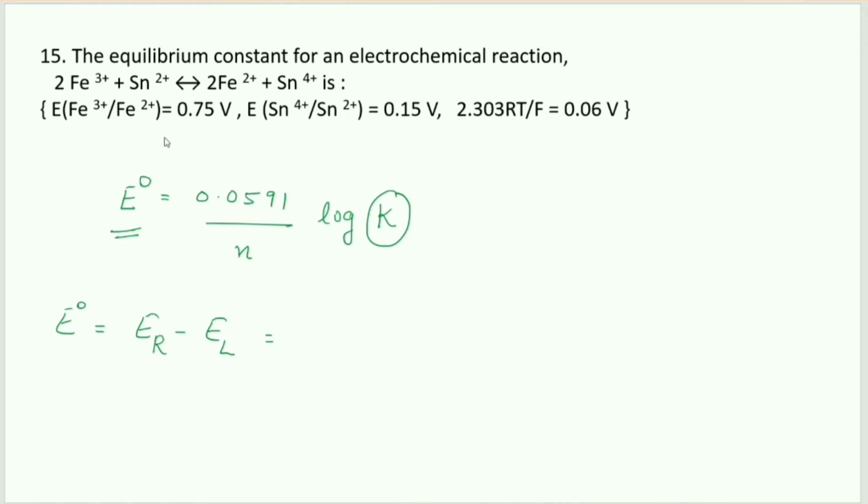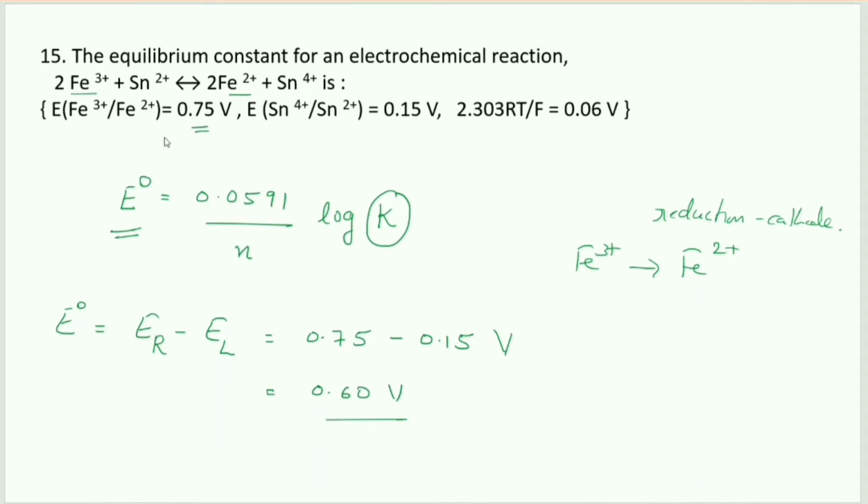Reduction means here Fe3+ is converted to Fe2+, so that will be the cathode. The cathode EMF is given as 0.75, so 0.75 minus 0.15 volt equals 0.60 volt. So we got the E0.